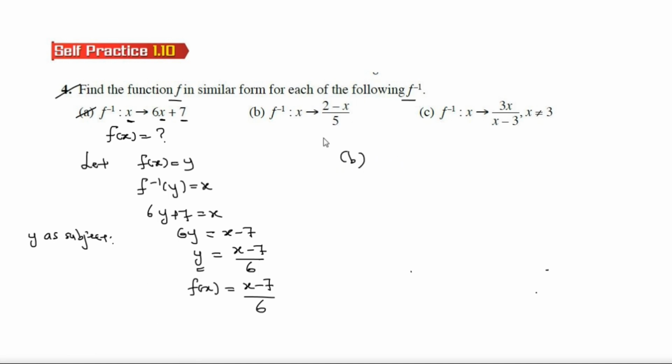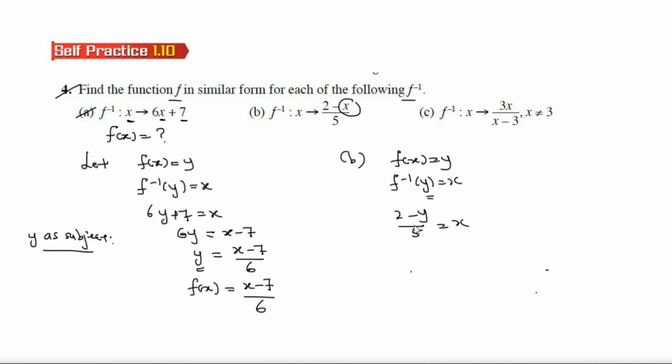Starting the same. They give us the f inverse. You are required to find f. So starting, we assume f x equals y and f inverse y equals x. Then this x you can replace by y. You have (2 minus y) over 5 equals x.